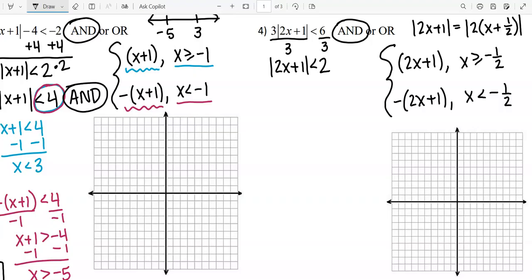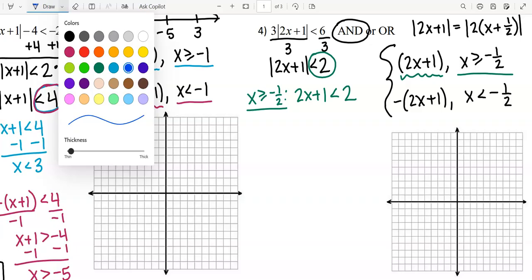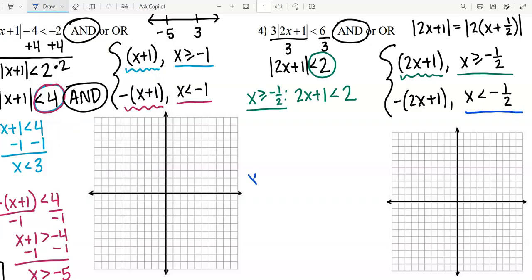So now I'm going to take my first domain, x is greater than or equal to -1/2, underline, my piecewise, which was 2x plus 1, and the right side of my inequality where I got the bars by themselves, less than 2. The next one is when x is less than negative 1/2, the piecewise negative times 2x plus 1, and then the right side of my inequality, less than 2.